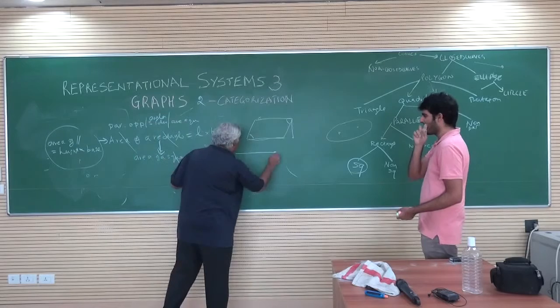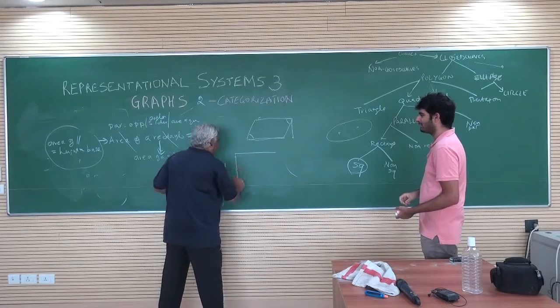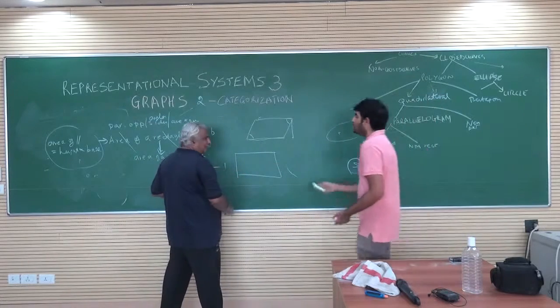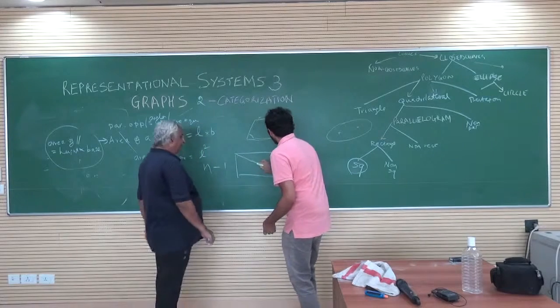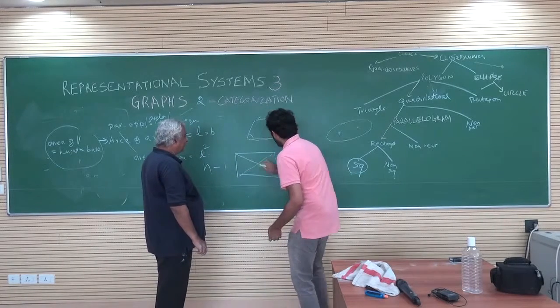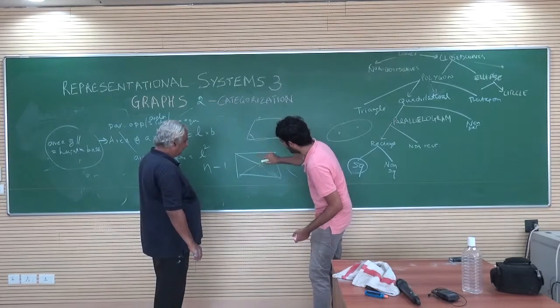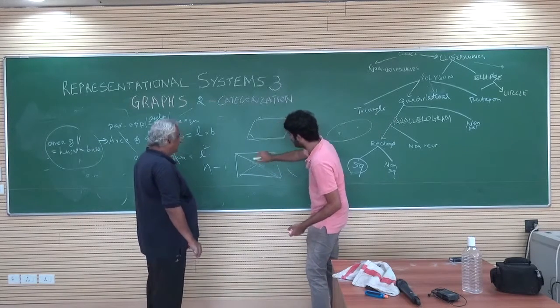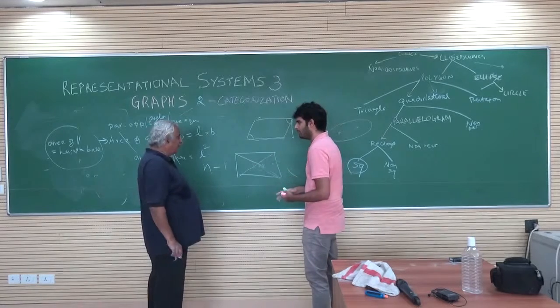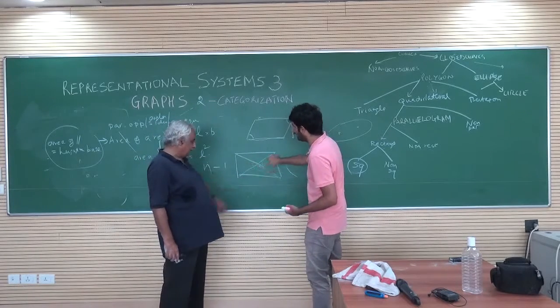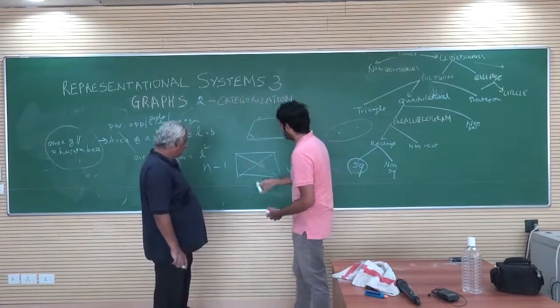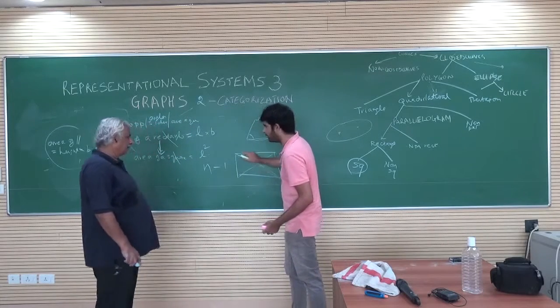If you have a rectangle, the easiest way to actually look at it is like this. The total angle here is 4 right angles. And the angle of this is what?